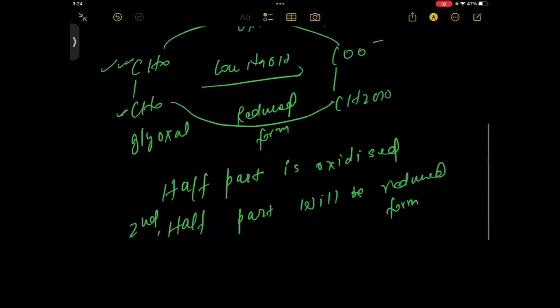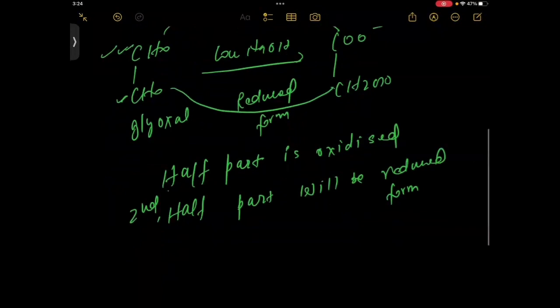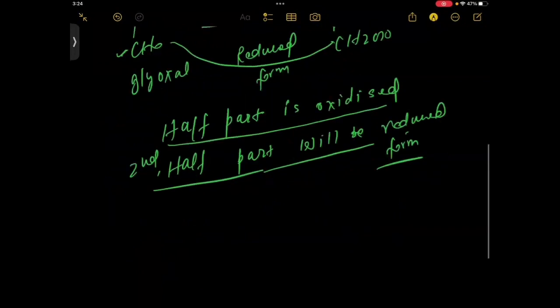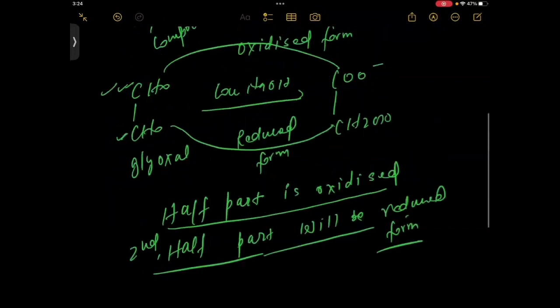Now if I ask you what would be the rate of reaction according to chemical kinetics, what would be the answer? Students, let's first understand the mechanism. Through the mechanism, I hope you will understand what the order of reaction would be.